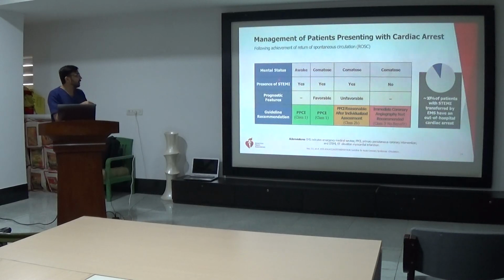You can see that if the patient is awake with the presence of ST elevation MI, the guidelines say this is a class 1 recommendation: shift directly to the cath lab or PCI-capable hospital.